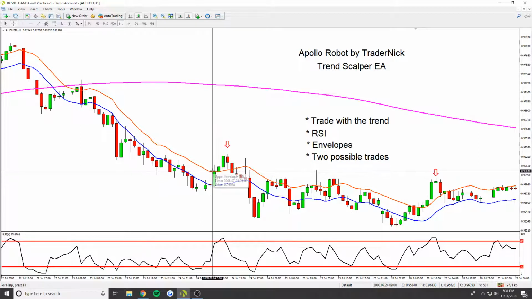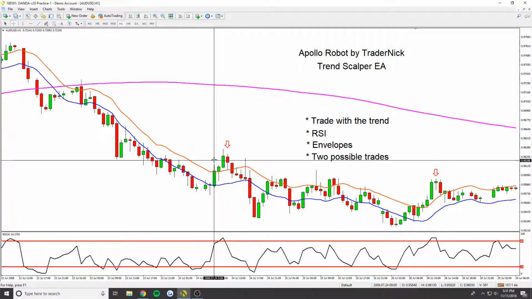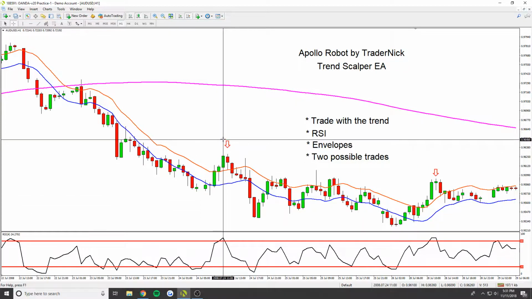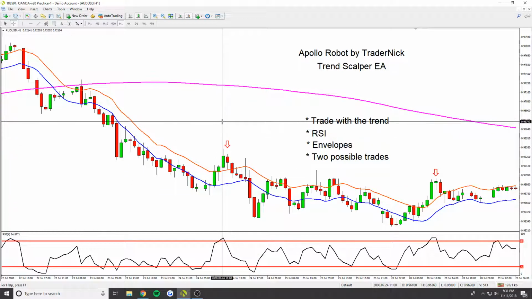So price is outside of the envelopes here. However, the overbought reading has not quite been hit. You'll see next in this bar, just barely not outside of the RSI overbought level. But on this particular candle, we are both outside of the upper envelope level as well as a significantly overbought RSI reading. So the robot would take a trade on the very next bar.